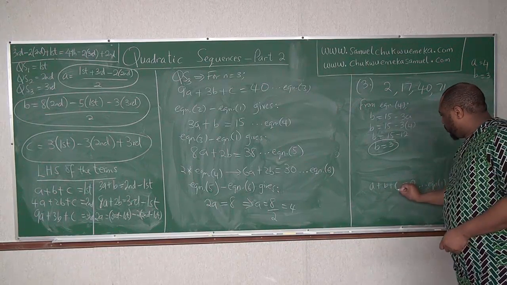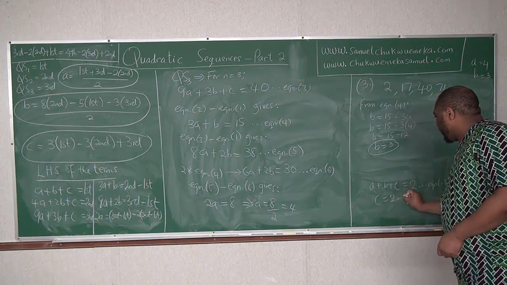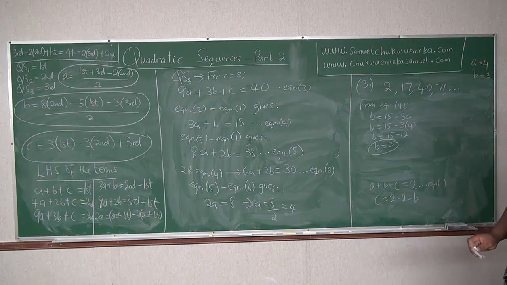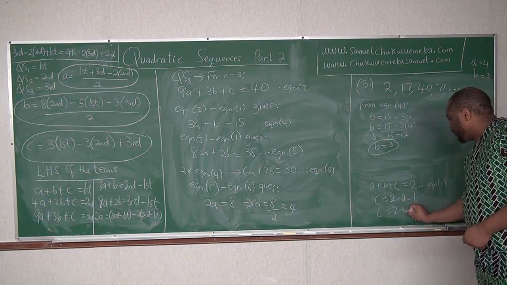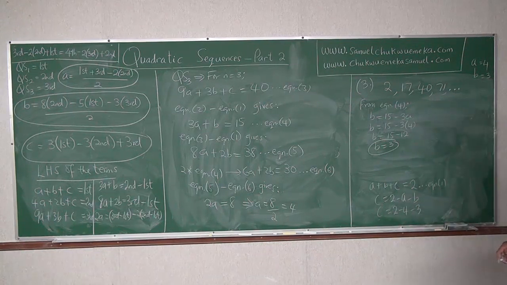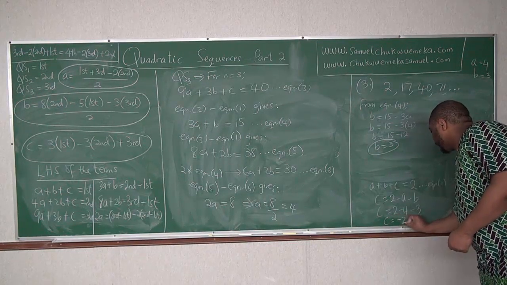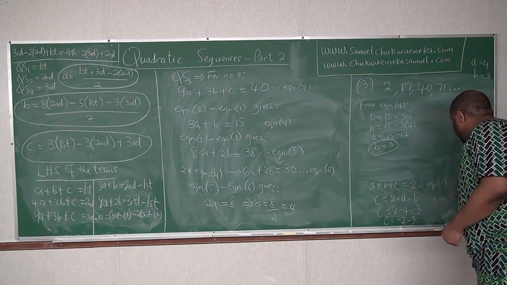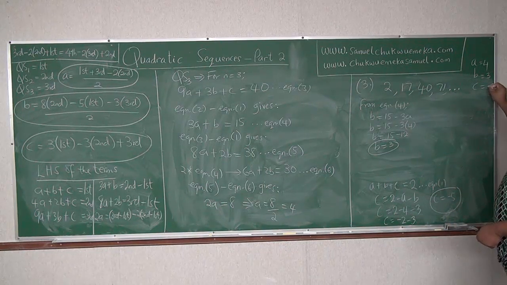From equation 1, C is equal to 2 minus A minus B. So C will be 2 minus 4 minus 3. 2 minus 4 is minus 2. Minus 2 minus 3 is minus 5. So C is minus 5.